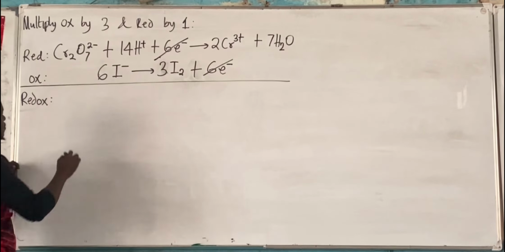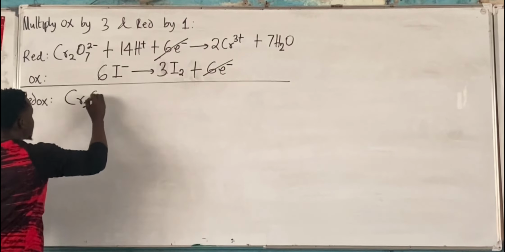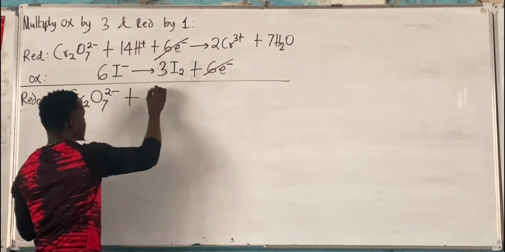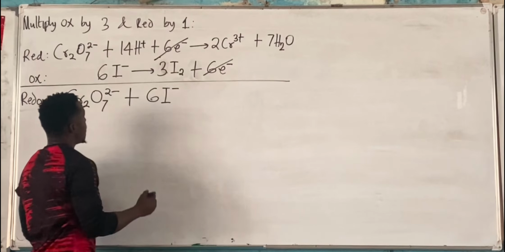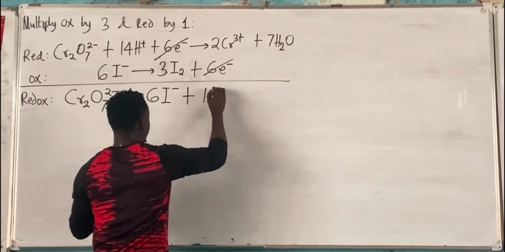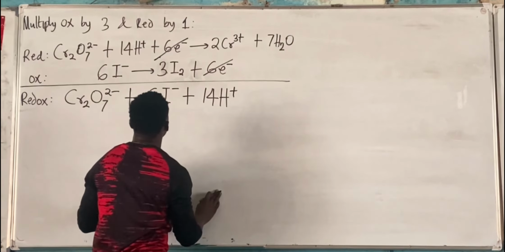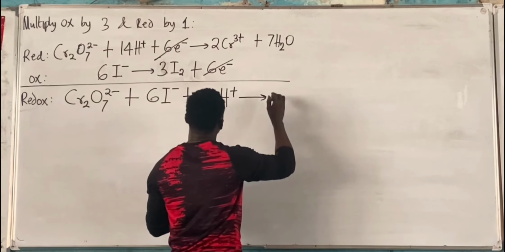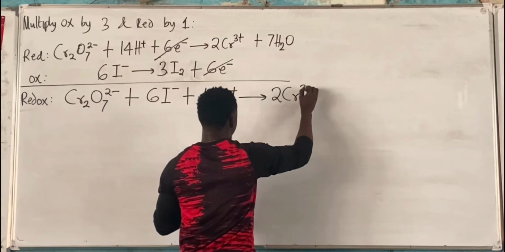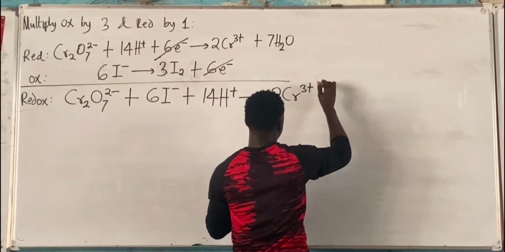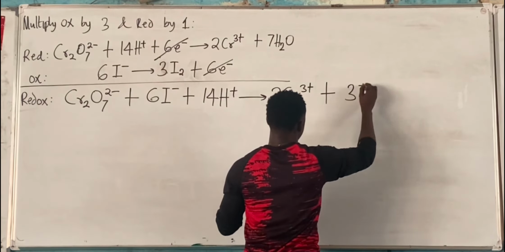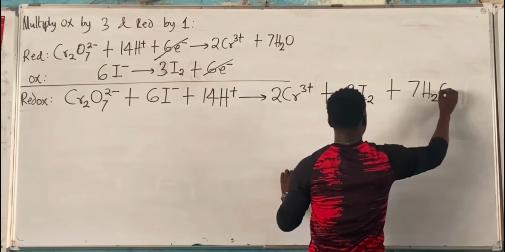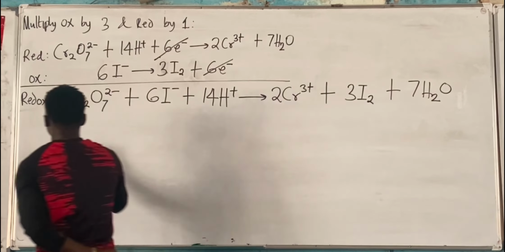Now let's bring down Cr2O7 2 minus plus... Now this is the overall equation.